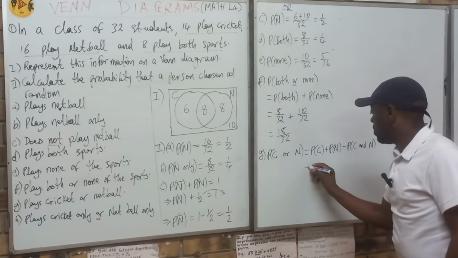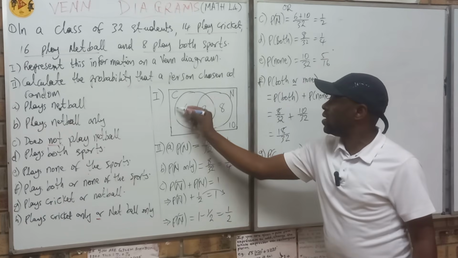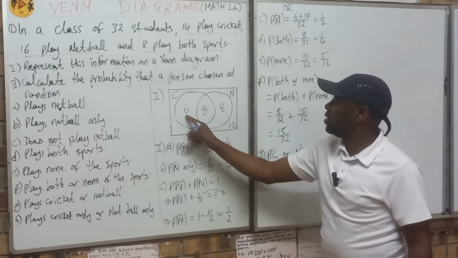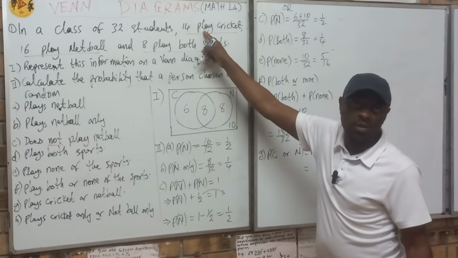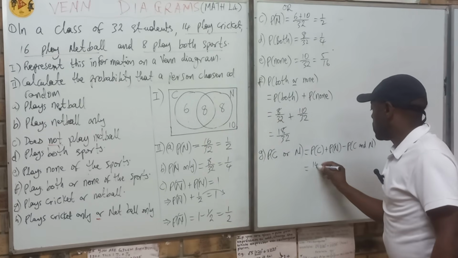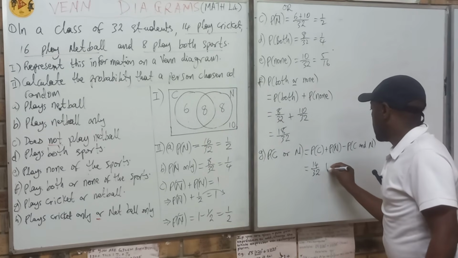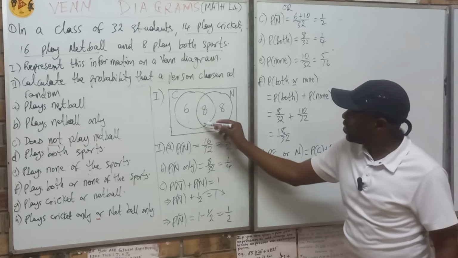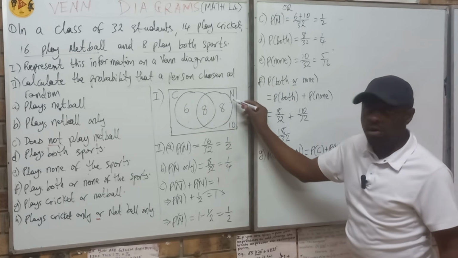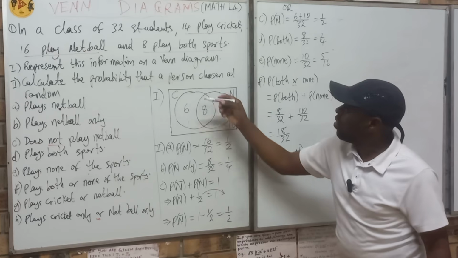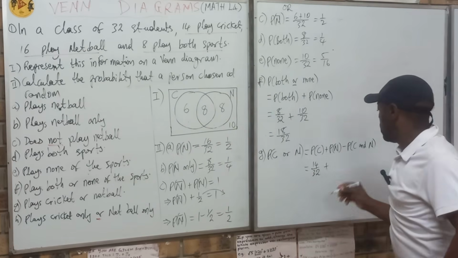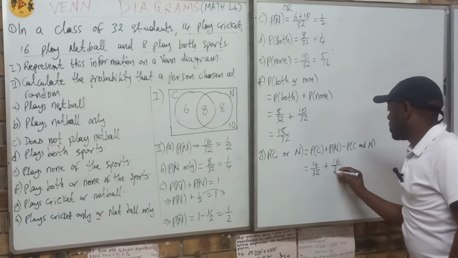So if I now need the probability of C, everything inside C is 14 out of 32. We just read from there. Those who play cricket is 14 out of 32. Then those who play netball, you see the circle representing netball is 16, so you get 16 out of 32.